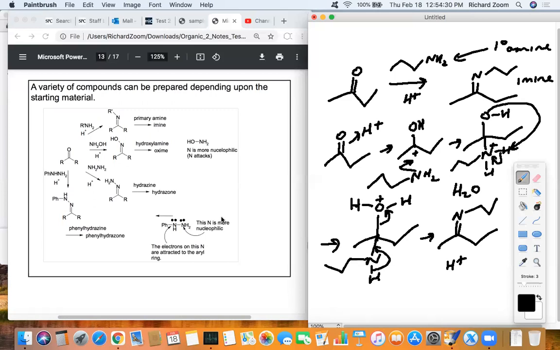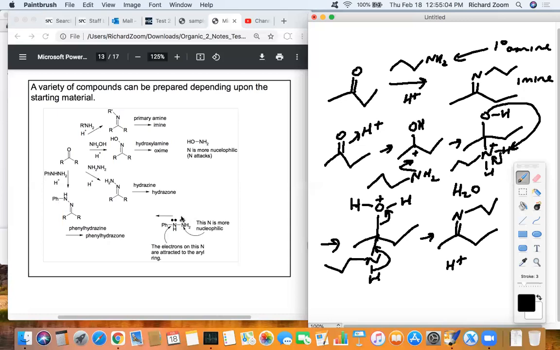So if you use NH2OH, you can still see you get the C double bond N here, but the compound we get, that's hydroxylamine, by the way, we get an oxime as a product. If we use hydrazine, NH2NH2, then we get a hydrazone as a product. And if we use phenylhydrazine, it will attack at the NH2 group, generally speaking, and form what's called a phenylhydrazone.